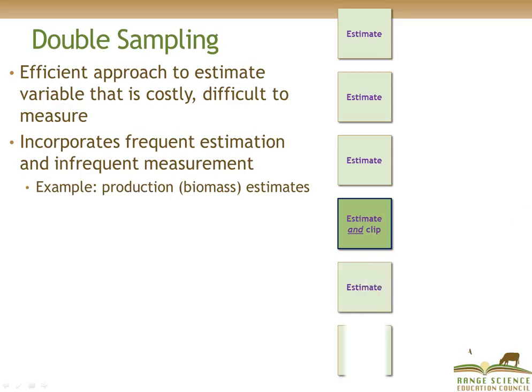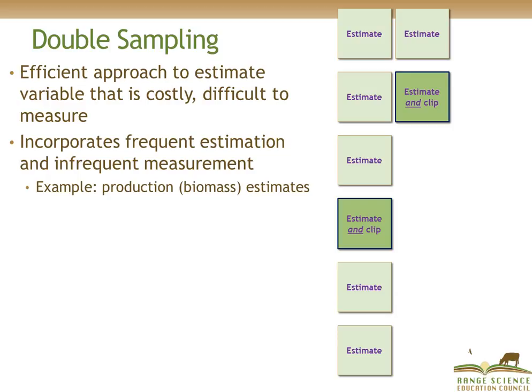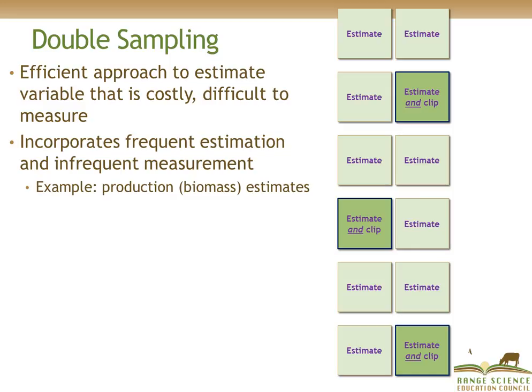You then repeat this process through your sampling, estimating frequently, and then infrequently clipping or measuring. And so by the time we're done with this example, we've got 12 quadrats in which we have estimated the biomass, and 3 of them have had measurements taken or clipping done as well.